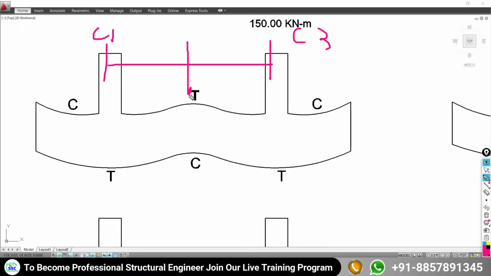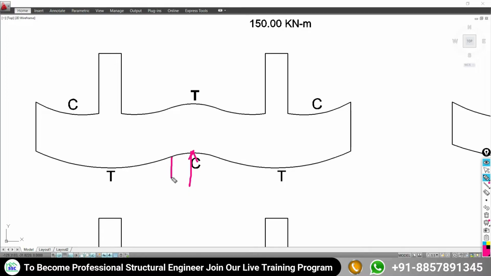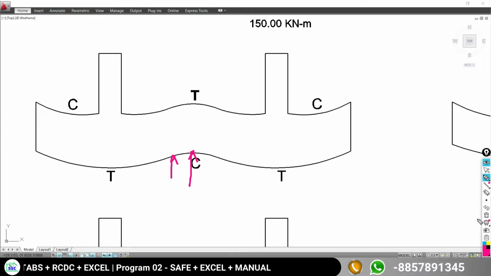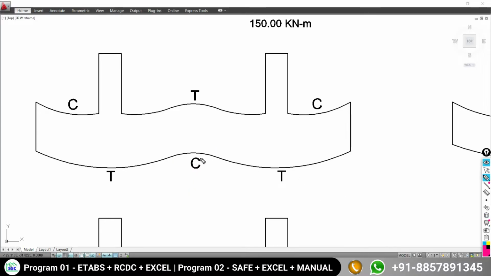There is no downward pressure. What is there? There is the upward soil pressure, that is dominating. So it is trying to lift. So with this lifting, this portion will be under compression and this portion will be under tension.